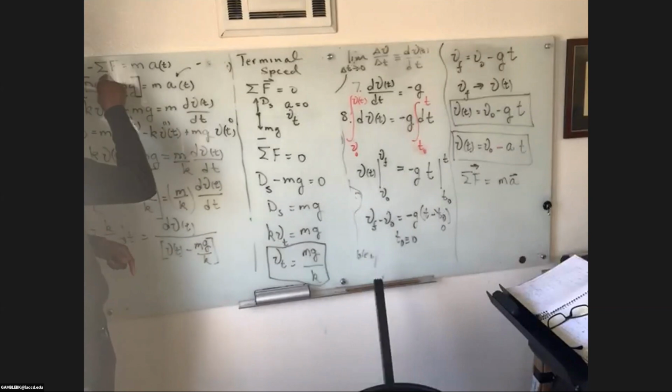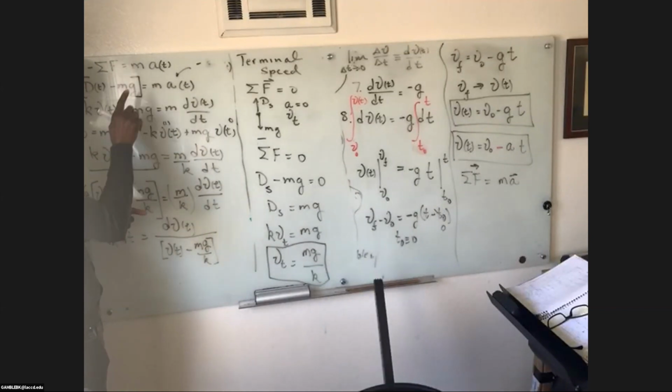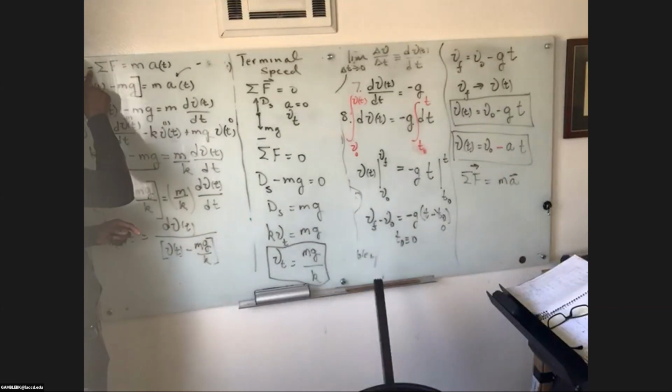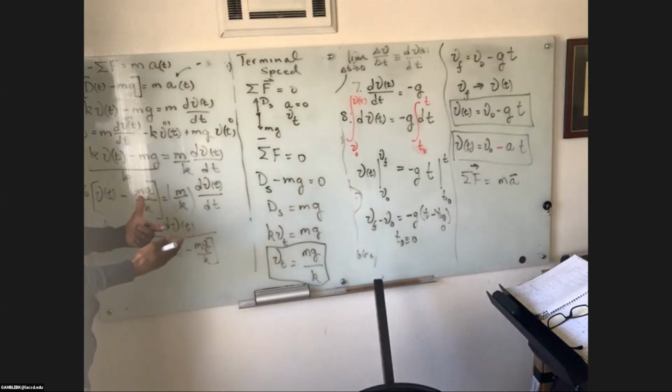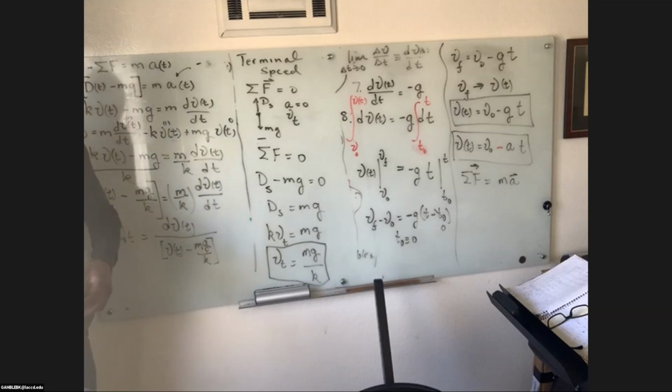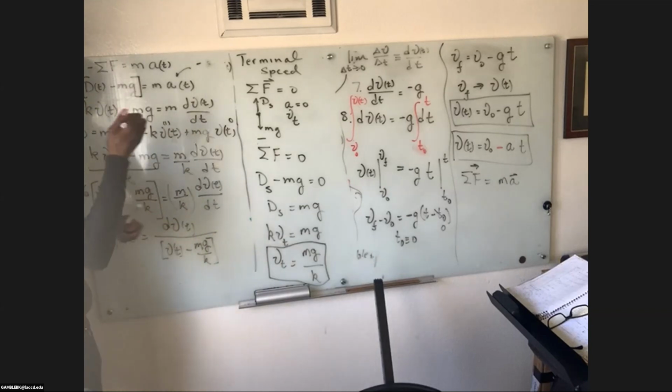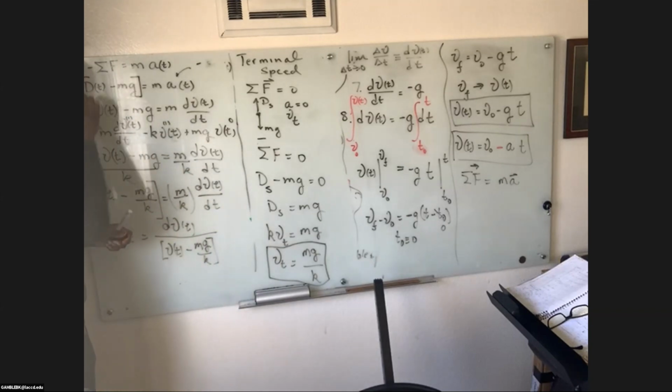So I'm going to go back and do that for all of this, which just means putting a negative sign right there, because I know that this net force is negative. Why? Because minus mg has a larger magnitude than the drag force, as long as it's in that regime where the drag force is not yet equal to mg. So to fix that, I have to go back and put it in.